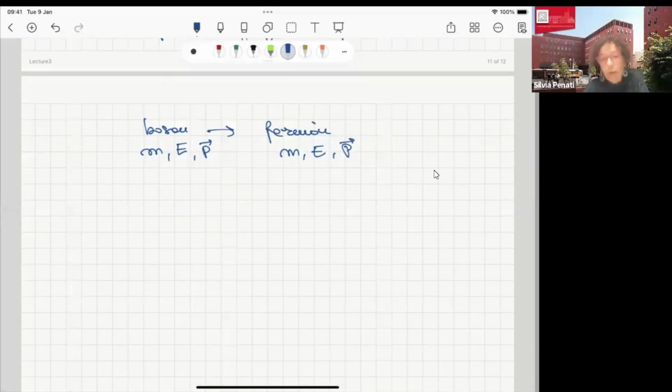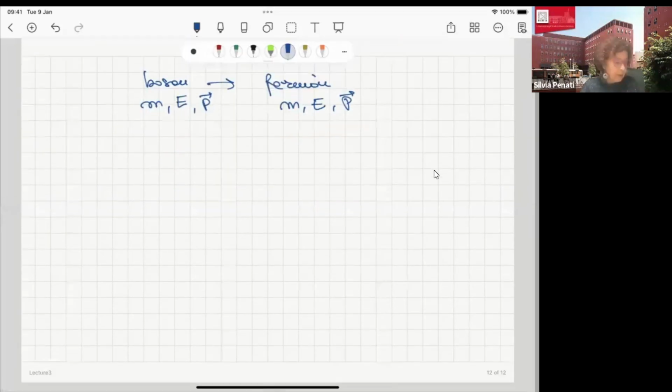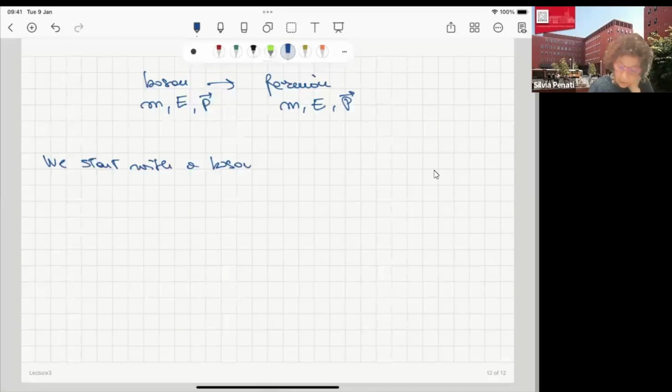So I can start playing with Q. At this point, I can start doing a sort of nice game. Let's suppose we start with a bosonic state. Let me call it B, with a given mass, a given momentum, a given energy.